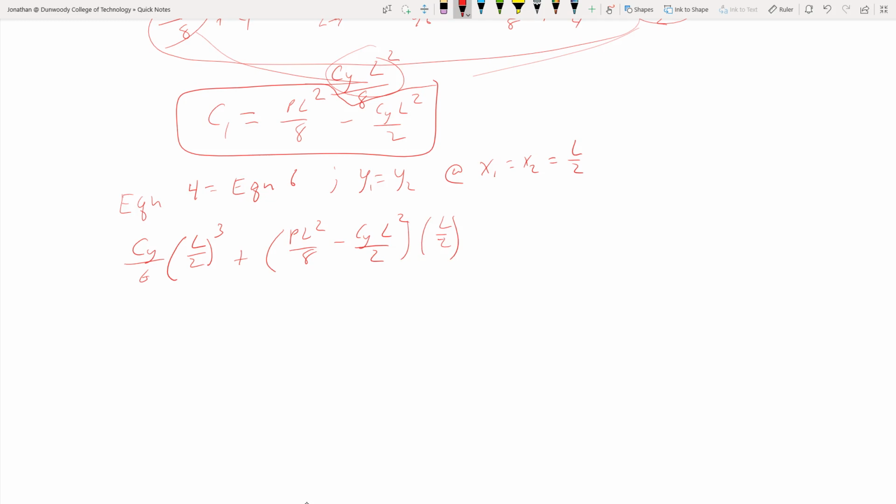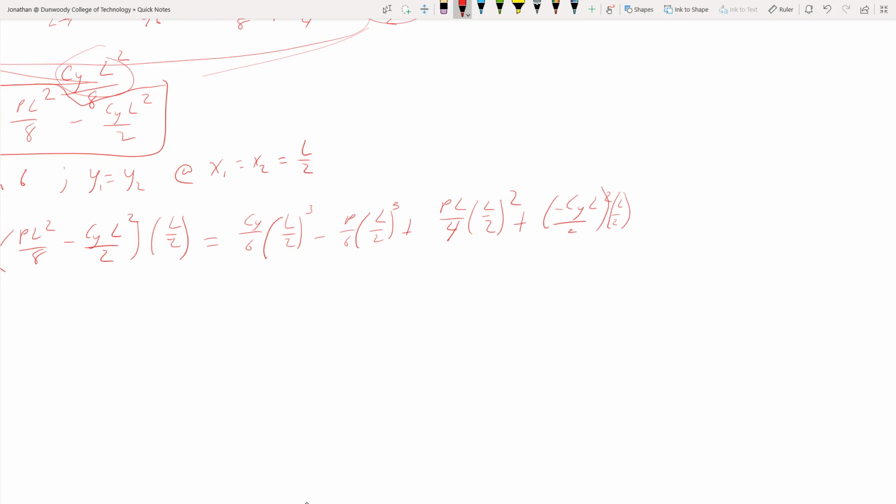And then the other equation works out to be CY over 6 times L over 2 cubed minus P over 6 L over 2 cubed plus PL over 4 L over 2 squared plus CYL squared over 2 times L over 2 plus CYL cubed over 3 minus PL cubed over 12.